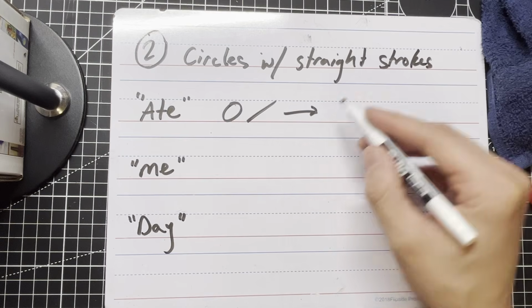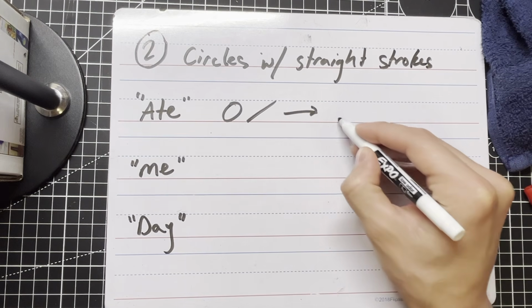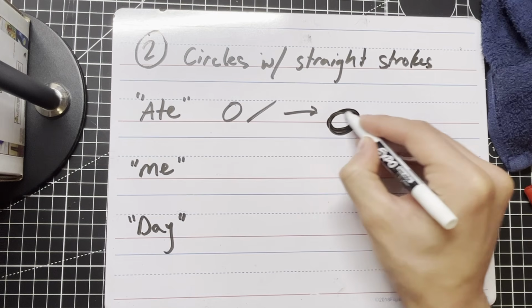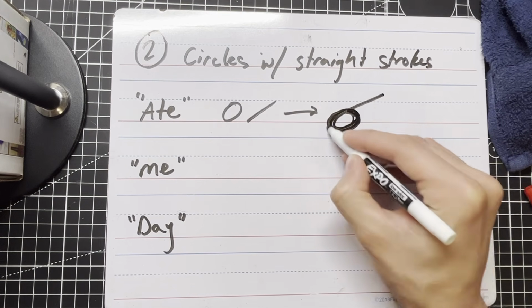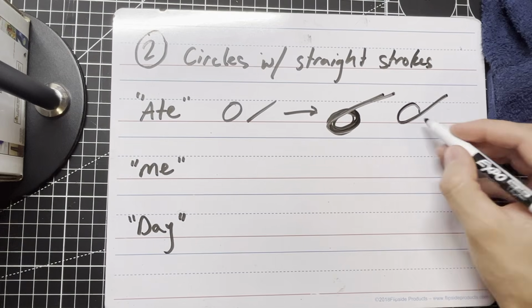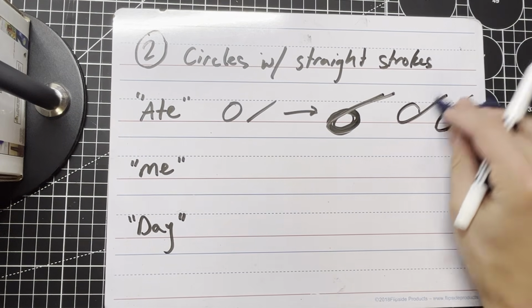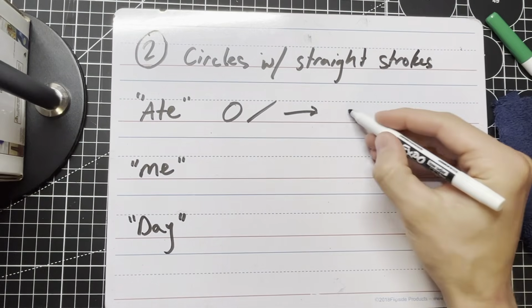Okay, so if we follow that rule here, the circle for eight would be written with right motion. Remember, right motion is clockwise. Eight. So eight. Wouldn't be this, because this would say art. So right motion plus straight stroke is written like this.